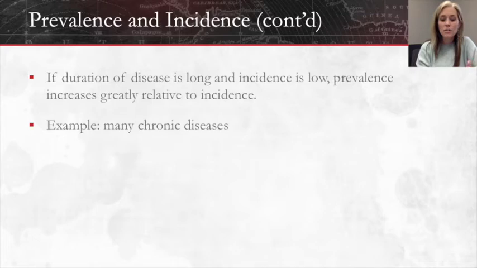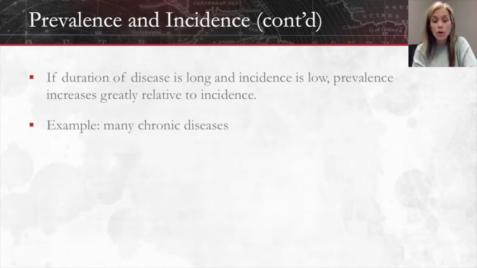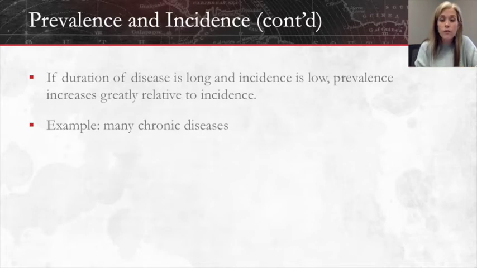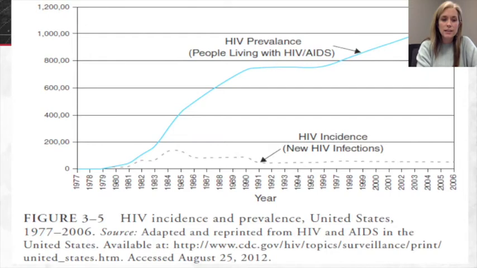You have a ton of existing cases, and it's just a slow drip with incidence. And that's really what happens with many chronic diseases. As people start to live longer, we have just a spike in prevalence because we're actually able to keep them living longer, even though they may not fully recover, but we still have a steady trickle of cases.